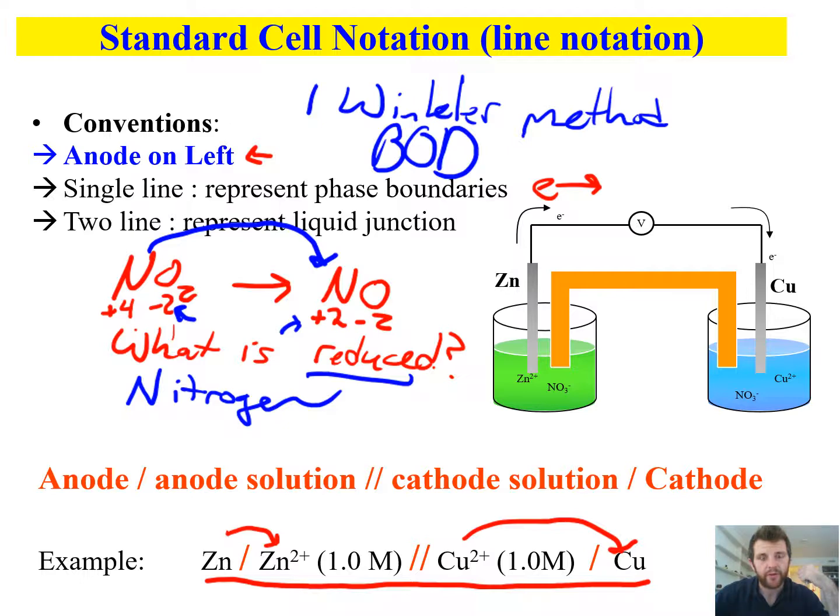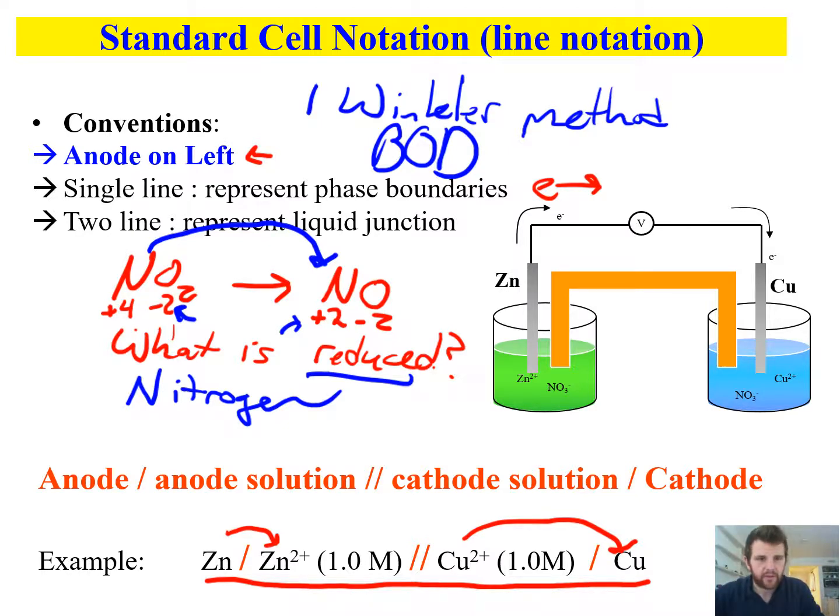There are other things that you might have to do. So, like, if you have NO2 and something happens so that it turns into NO, it might ask you what is reduced here. And this is where you just need to look at it and be like, okay, well, oxygen is normally -2.